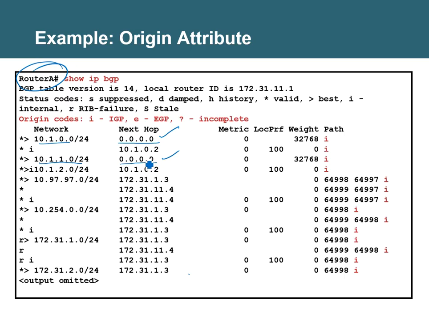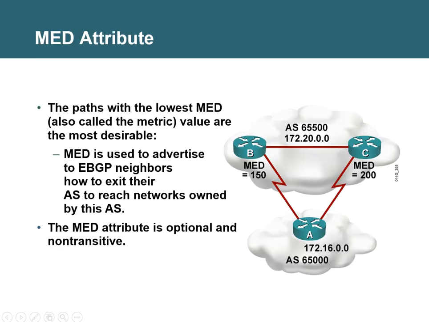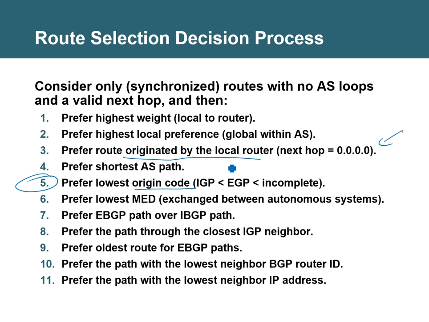And when it is local, and if it is also coming from someone else, I need to give more importance to local than the one which is coming from beta. Beta weight is only 0, but local weight is 32768, so that local will be preferred. Weight is the very first attribute. Highest weight.